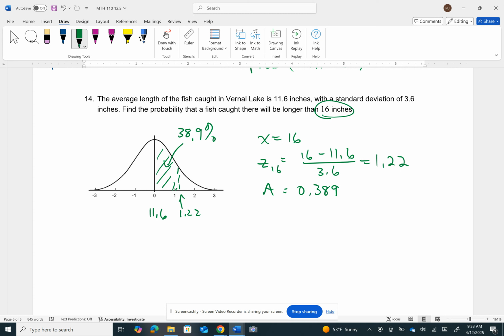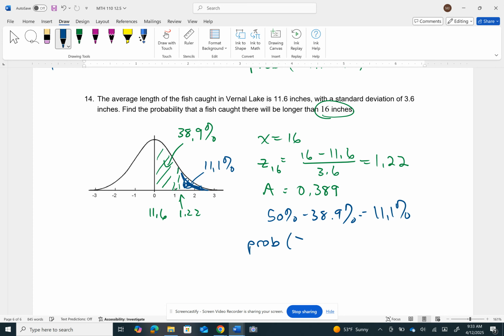We want the probability the fish is going to turn out to be longer than 16 inches. So we want this part here, okay? So that means we would take 50% and subtract the 38.9%, and that would give us 11.1%. So we would expect 11.1% of the fish to have lengths longer than that. So the probability of having a fish with a length bigger than 16 inches would equal 0.111.